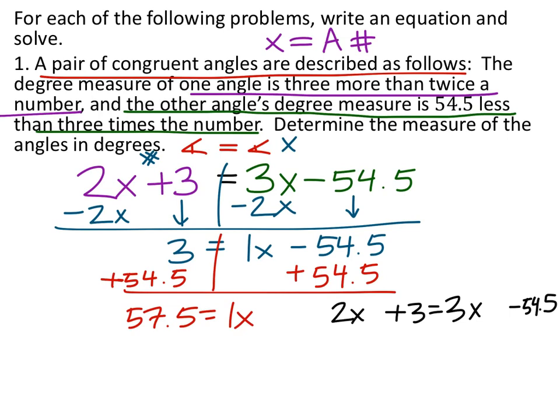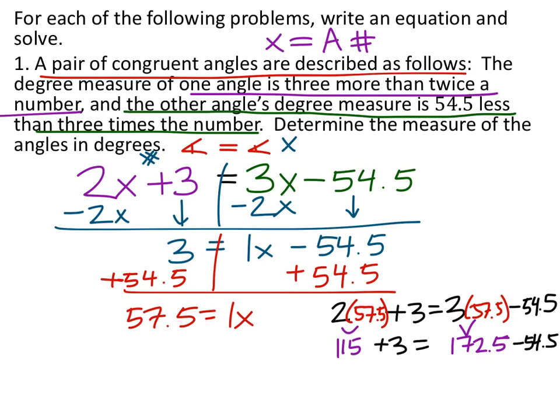So there's the equation there in black, but I'm going to go ahead and replace my x's with that 57.5. And from here we're just going to evaluate this to see if it is a true statement. So I've got 2 times 57.5 and 3 times 57.5, which give us this. Now of course we've still got that plus 3 equals the 172 plus 0.5 minus the 54.5.